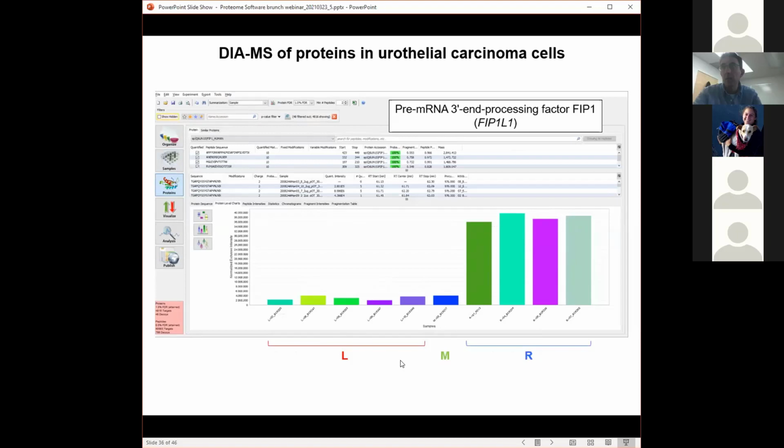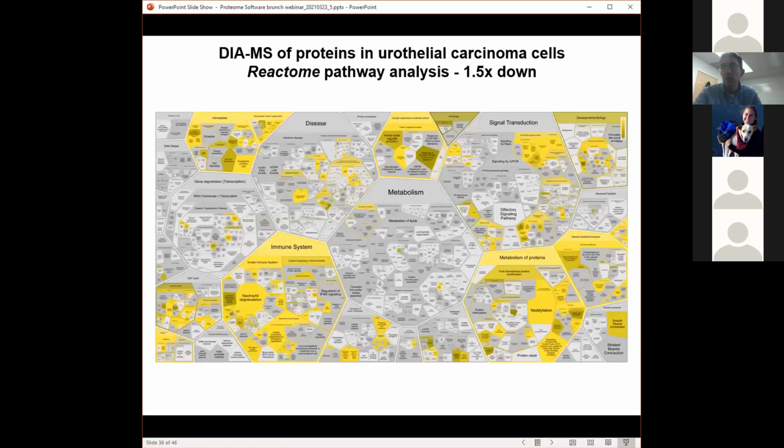I exported the results into Excel and then divided into the proteins that exhibited a 1.5-fold higher level of change, up versus down, and submitted this to Reactome analysis. Reactome, if you haven't used it, is a fabulous site out of the UK where you have no charge and you can do pathway analysis, and it's especially powerful for human results, and also mouse and rat.